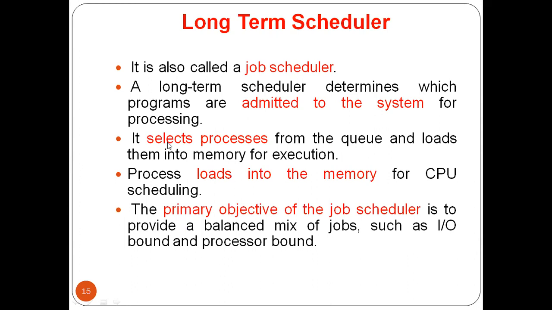And it is also responsible for selecting the processes from the queues and loading the processes into the memory for execution. Whenever the process loads into the memory for CPU scheduling, the primary objective of the job scheduler is to provide a balanced mix of processes or jobs, such as IO bound and processor bound.